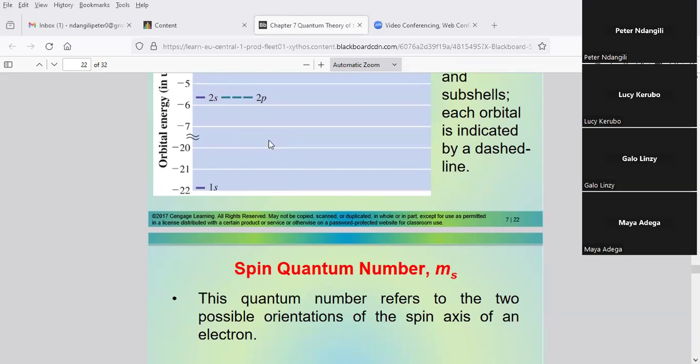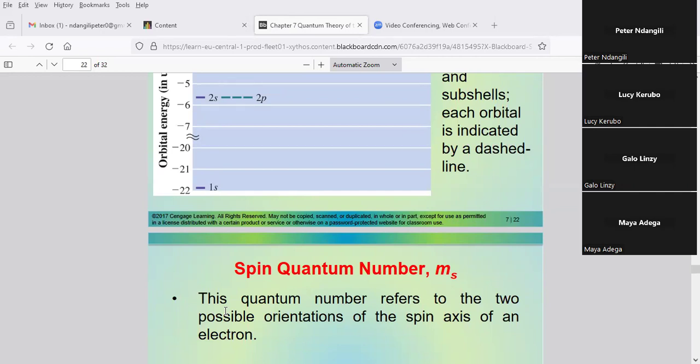So far, we have been discussing 3 quantum numbers, and remember I said that we have a total of 4 quantum numbers. So here I just want to mention the last quantum number, which is ms. This one is going to show the direction of a particular electron, not the direction of the orbital. It is the orientation of the electron in a particular orbital.